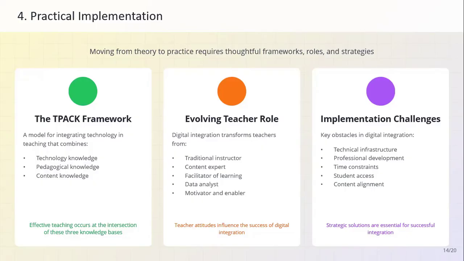Student access is also a problem, because not many students have internet access, right? Maybe for most students in the capital city, that's not a big deal, but for students from rural areas, I think that's a big deal.